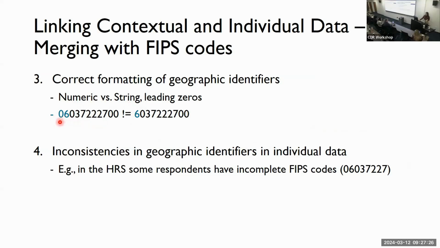And it's going to have this leading 0 for a number of states that have state FIPS codes below 10. When you're in the numeric format, Stata or R is going to drop that leading 0, and you're going to be left with a 10-digit census tract identifier. This 10-digit census tract identifier is still unique to census tracts.